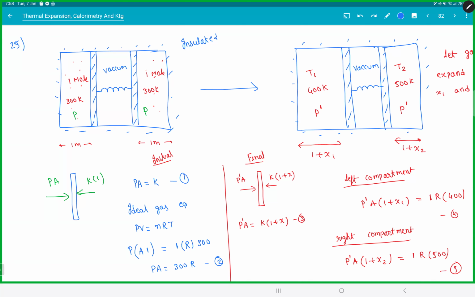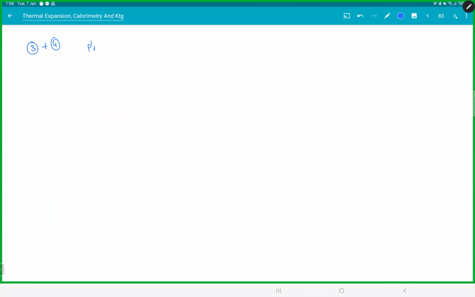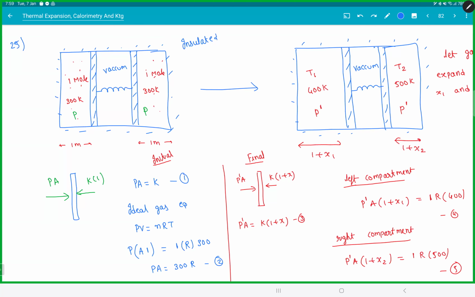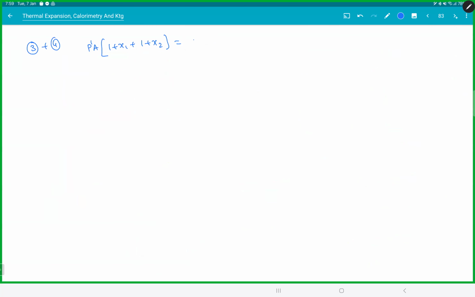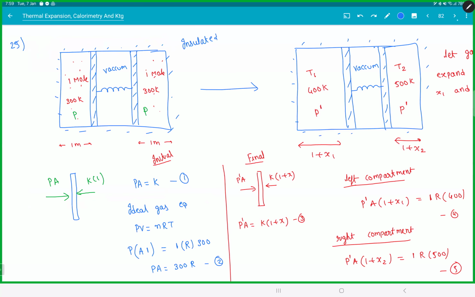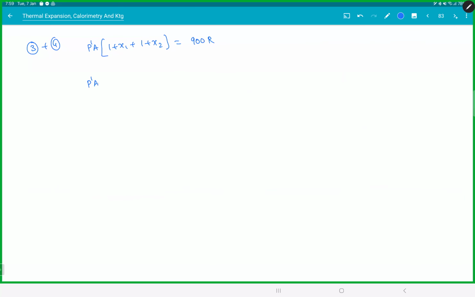This will be P dash A into 1 plus x1 plus 1 plus x2 is equal to 400 R plus 500 R, that is 900 R. This will be P dash A into 2 plus X is equal to 900 R.